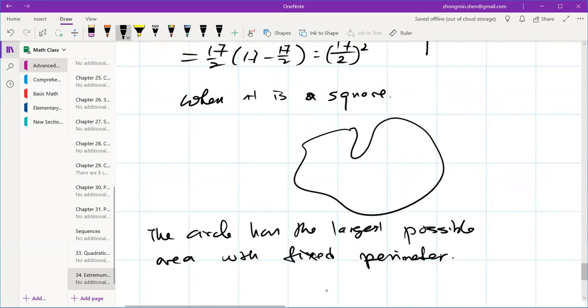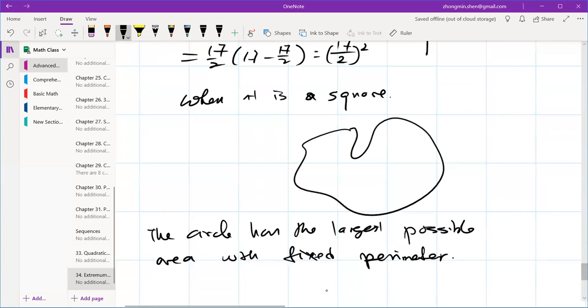So the material, the 4 walls, is fixed, and then the largest possible area you can get is a square. But for Mongolian people, they find it's too heavy to carry lots of material moving around, right? So the best way for them to make a house is a circular house, okay?